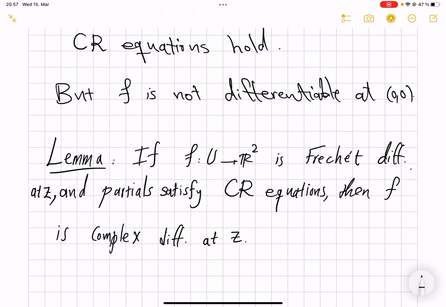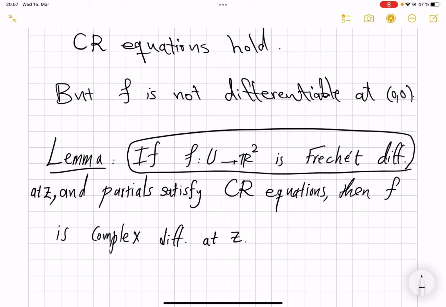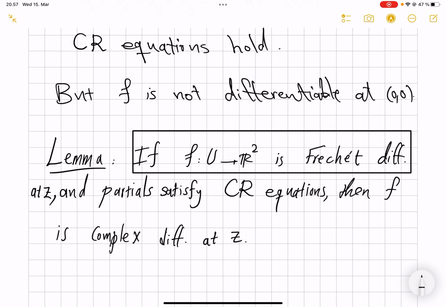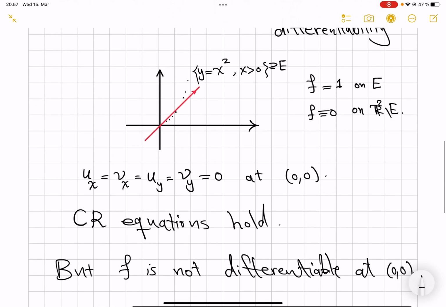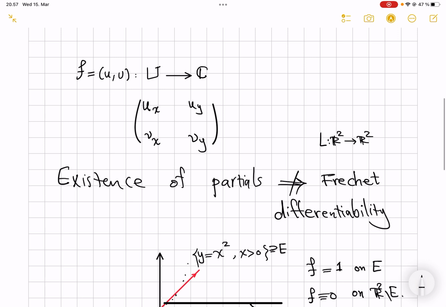So the point here is that we begin by assuming that the function is Frechet differentiable, and then in addition it satisfies Cauchy-Riemann, then it is complex differentiable. The proof of this is basically because if it satisfies Cauchy-Riemann equations, this is exactly saying that the matrix is of the form (a, b; negative b, a).